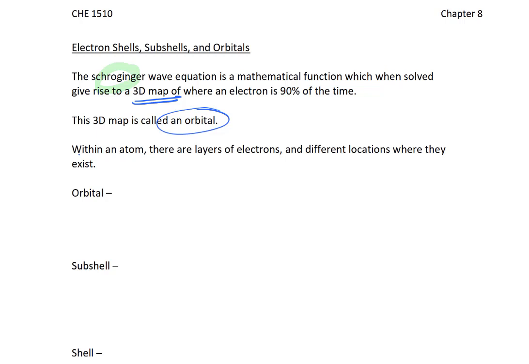So let's talk first about the definition of an orbital. The orbital is just a region of space around the nucleus where you can find an electron the majority of the time, about 90%.